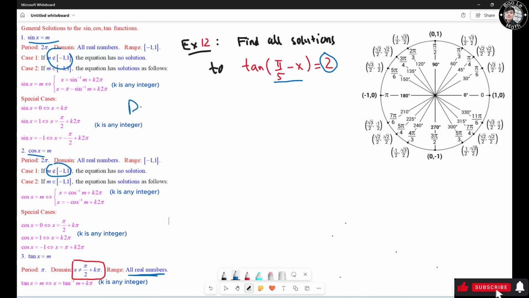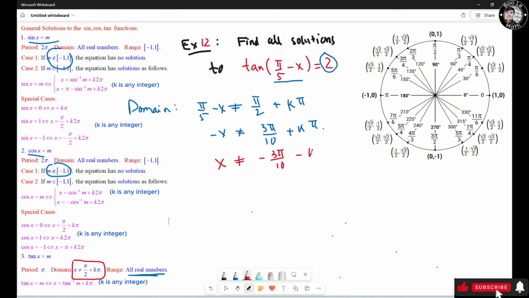So you have the domain: pi over 5 minus s not equal to pi over 2 plus k pi. So negative s is not equal to pi over 2 minus pi over 5, which is 3 pi over 10 plus k pi. Now I just multiply both sides by -1, so s is not equal to negative 3 pi over 10 minus k pi.